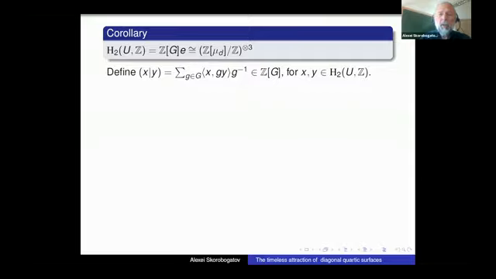This term here is just the intersection pairing. And then he considered a form with values in the group ring given by this formula.